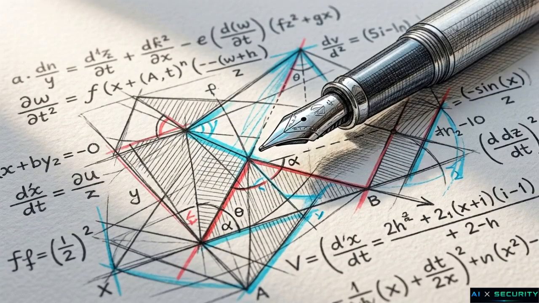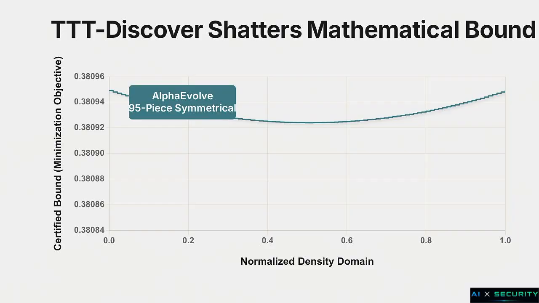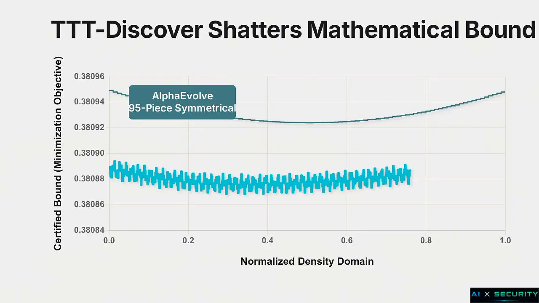We can observe this architecture at work in Erdős's minimum overlap problem, a complex challenge in additive combinatorics regarding the limits of step functions. This line graph displays the previous state-of-the-art upper bound, achieved by Google's AlphaEvolve system. The model hit a mathematical limit at a symmetrical 95p step function.